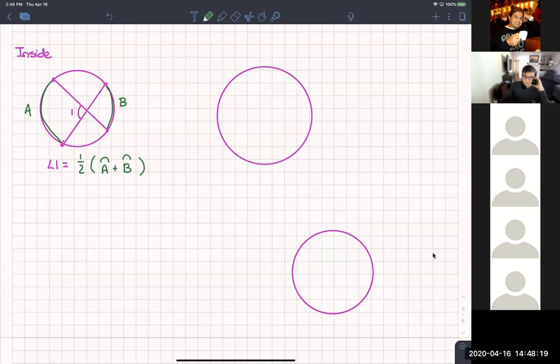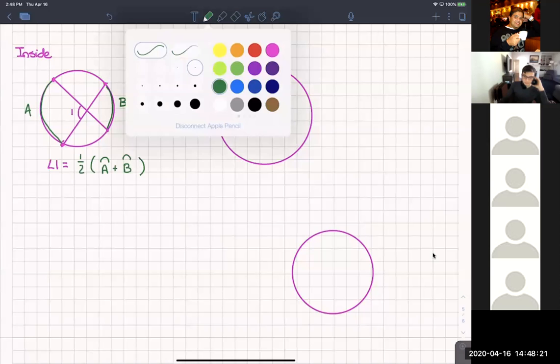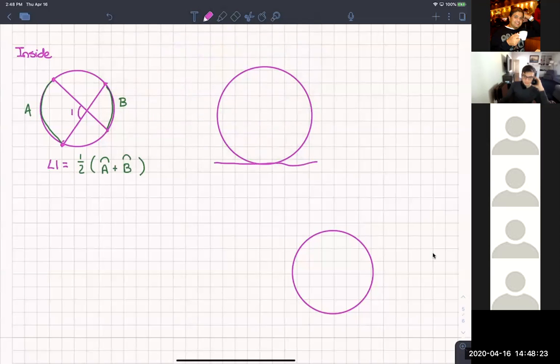The next situation we can have is if we have a secant or a chord and a tangent, and they intersect at the point of tangency. The angle is on the side of the circle.